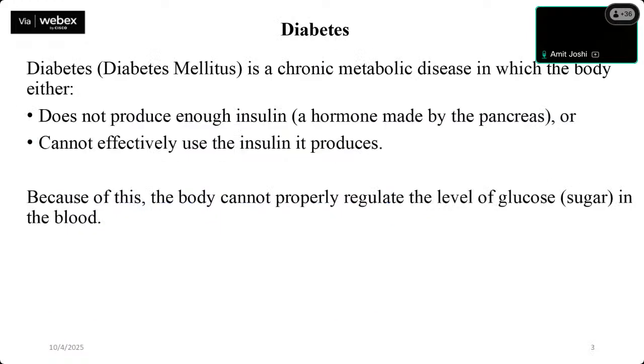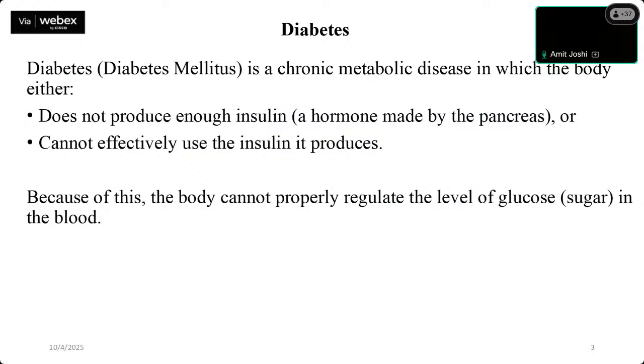Diabetes we have possibly discussed a lot, but for those who are not aware, it is a chronic metabolic disease in which the body either does not produce enough insulin, so that is type 2 diabetes, or cannot effectively use the insulin it produces.